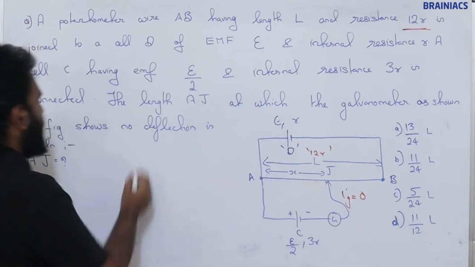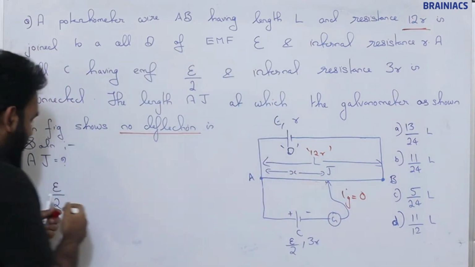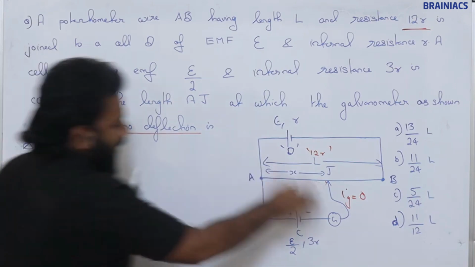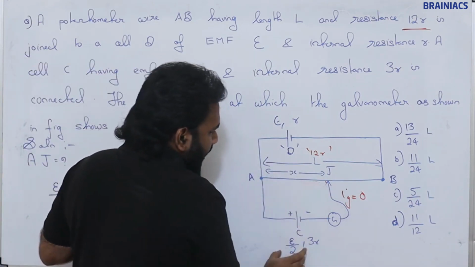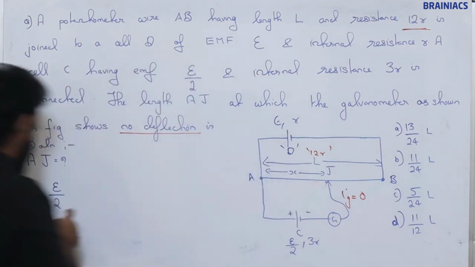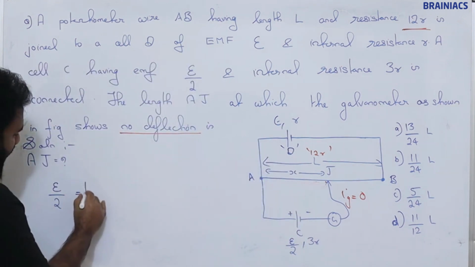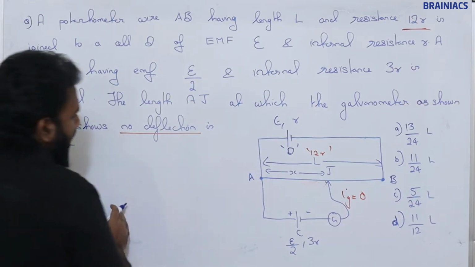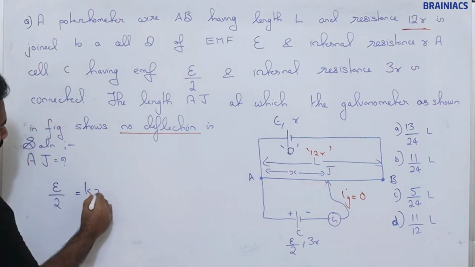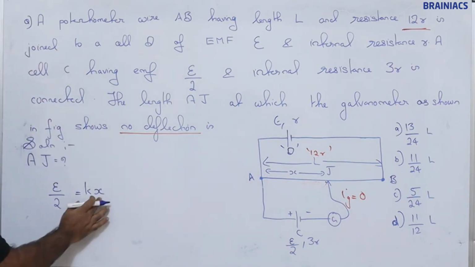Galvanometer shows no deflection, so no current is flowing. So E by 2 is nothing but equal to Kx. So E by 2 is equal to K into X, where X is AJ, which we need to find.